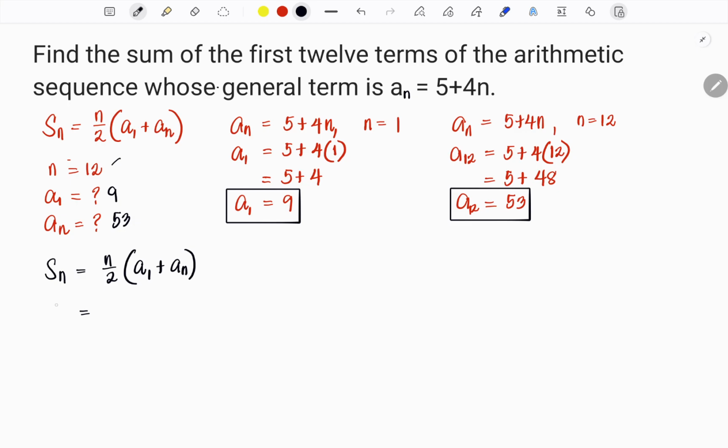Substituting these values, we have S sub 12 equals 12 over 2 times the quantity 9 plus 53. And 12 over 2 is equal to 6 times the quantity 9 plus 53, which is equal to 62.